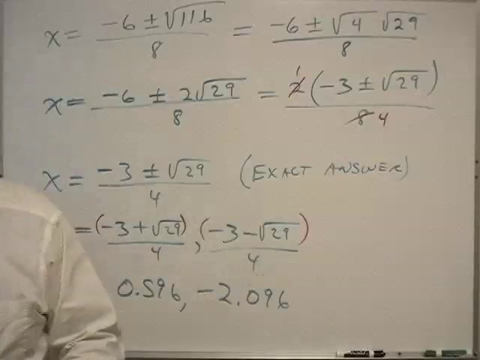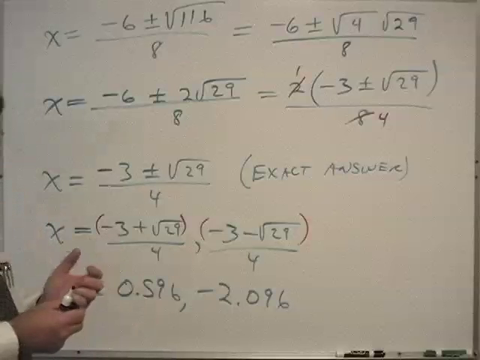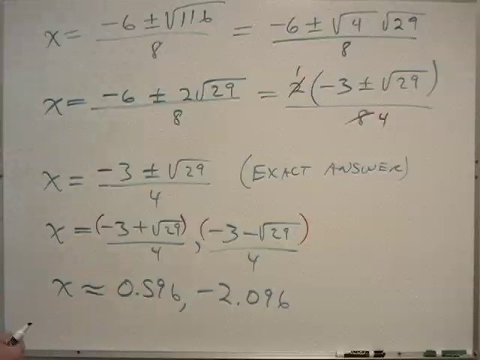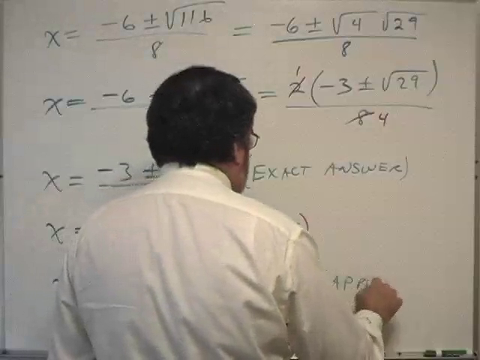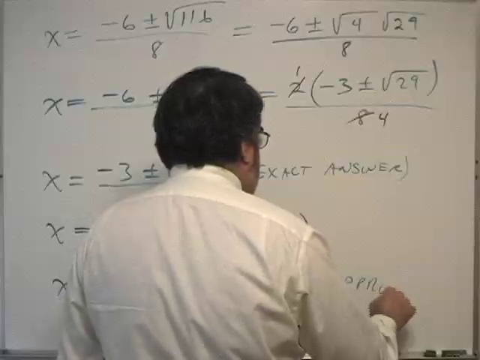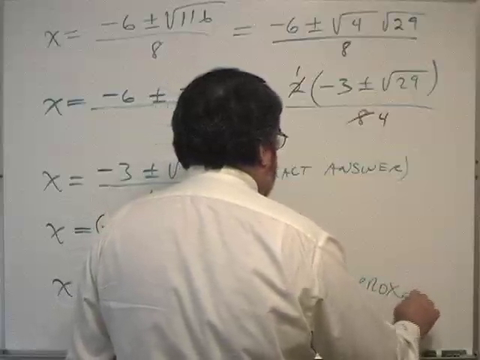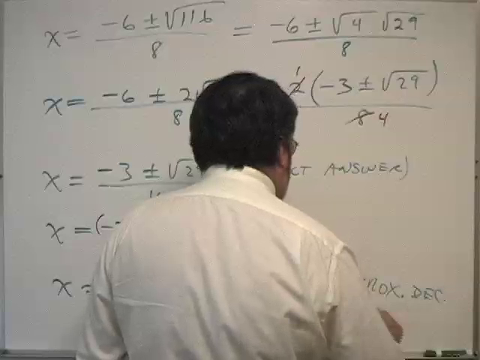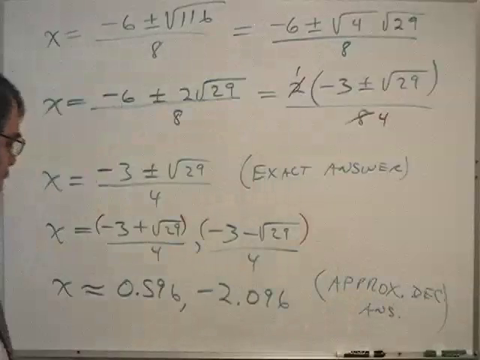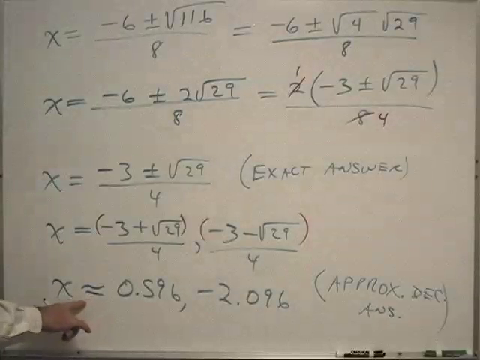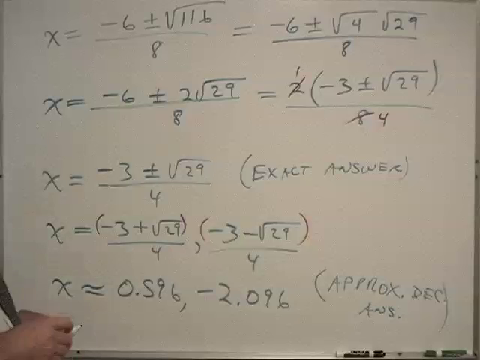It did not need to be rounded, but sometimes you will need to round, and I expect you to do that. So I round these off to 3 places, and this is the approximate decimal answer. I also use the wavy equal sign, which means approximately equal to.